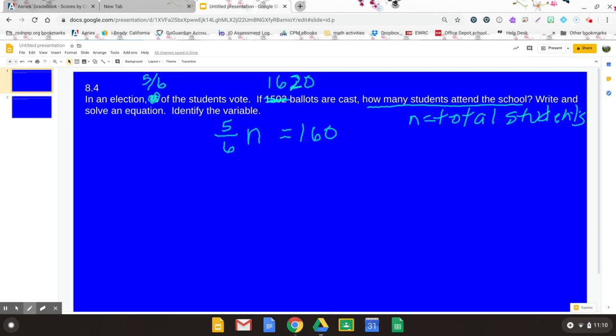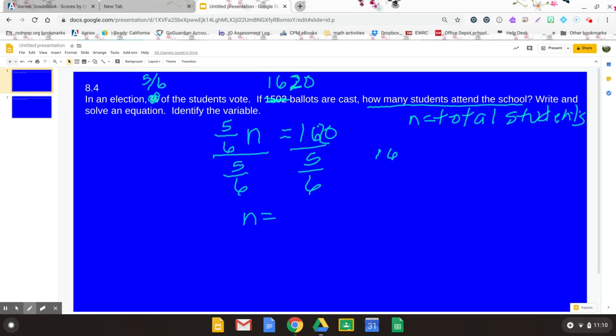All right, so I'm going to divide both sides by 5/6 because I need to isolate my variable. I need to get N by itself so that I know what N is equal to. So N equals, oops, I'm sorry, I forgot the 1620. So now I have 1620 divided by 5/6.